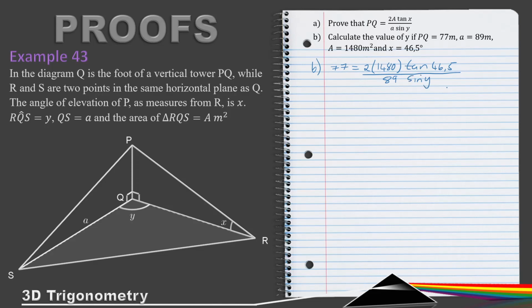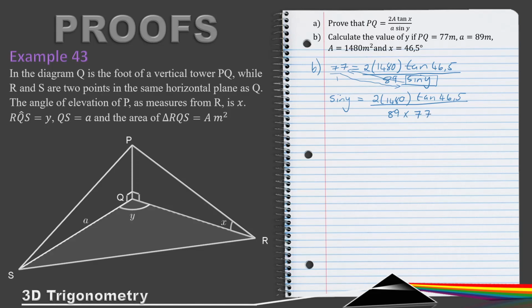Now obviously I want to get this thing on its own. Again I can use cross multiplication, if you think about this as over 1, this sine can cross multiply and go up there, and the 77 can come down. So sine of y is equal to 2 times 1480 tan 46.5 all over 89 times 77.